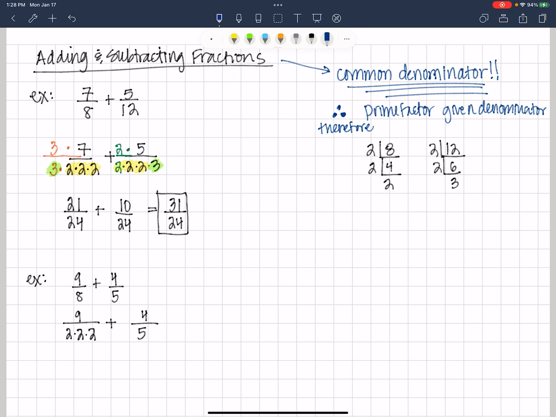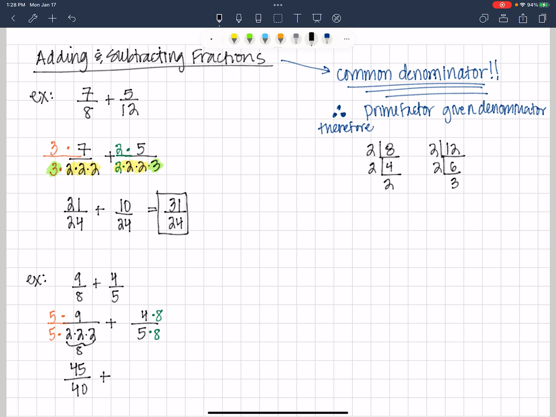The first fraction needs a 5. So I'm going to multiply by 5 over 5. The second fraction needs 2 times 2 times 2, which is 8. So the first fraction becomes 45 over 8 times 5, which is 40.